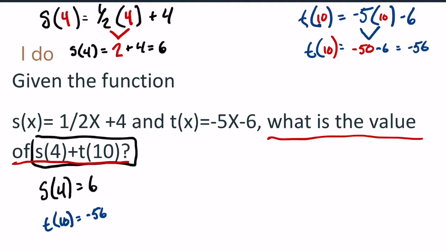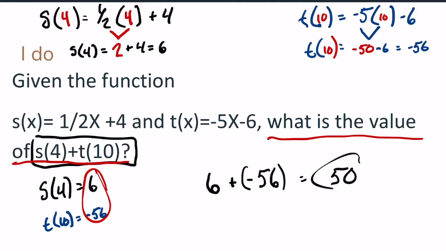All I need to do is add these two numbers together, because s of 4 is 6 plus t of 10 negative 56. If we put this in, 6 plus negative 56 will give us the answer of negative 50. So given those two functions, and then two inputs, and then adding those two outputs together, we would get the answer negative 50.